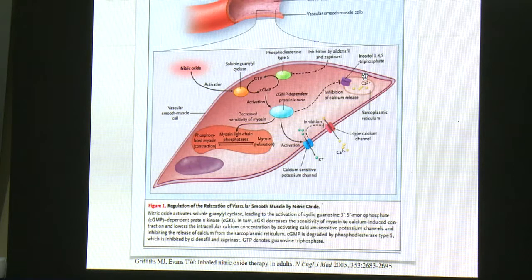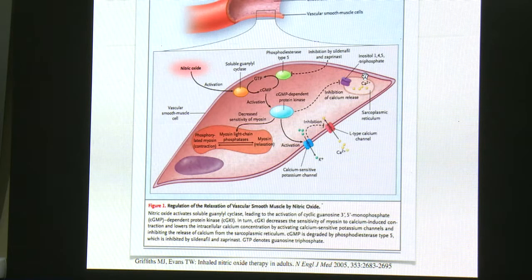Here is the mechanism of how it works. I don't think we have enough time to explain it, but I want to show that there is an intracellular pathway through cyclic GMP and cyclic GMP-dependent protein kinase, which decreases binding of calcium to myosin and decreases the tonus of smooth muscle.